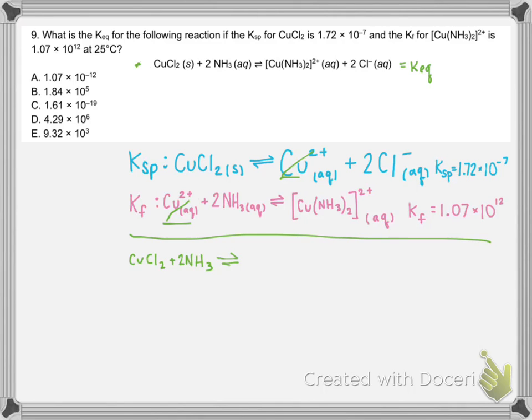And so when we add two equations together, we know that we can multiply the KEQs. So our KEQ will just be our KF times our KSP, and we end up with a value that's 1.84 times 10 to the 5th.